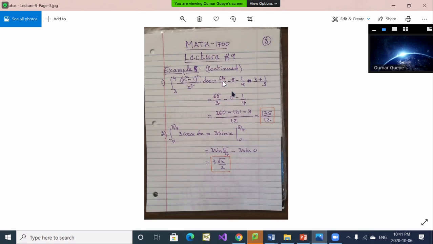When it drops the brackets, we'll get 64 over 3 plus 1 over 3. That's why we got here 65 over 3. And negative 8 minus 3 is going to be negative 11. And we have 1 over 4 here. And after calculating, it's going to be 6 here.